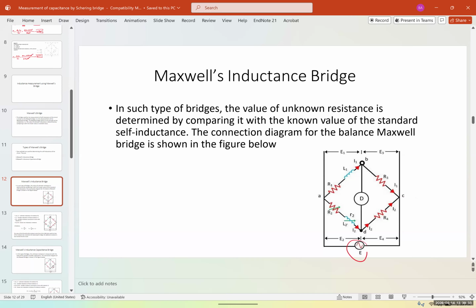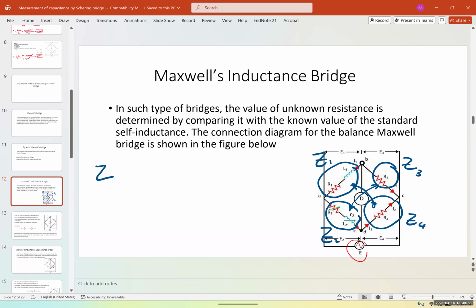You can see our voltage source E. And if we multiply this arm's impedance by this one, and we multiply this one by this one, if it's balanced, then we should have 0. So if I name this Z1, this is Z4, Z3, and Z2. Z1 Z4 is going to be equal to Z2 Z3, if we have a balanced bridge again.